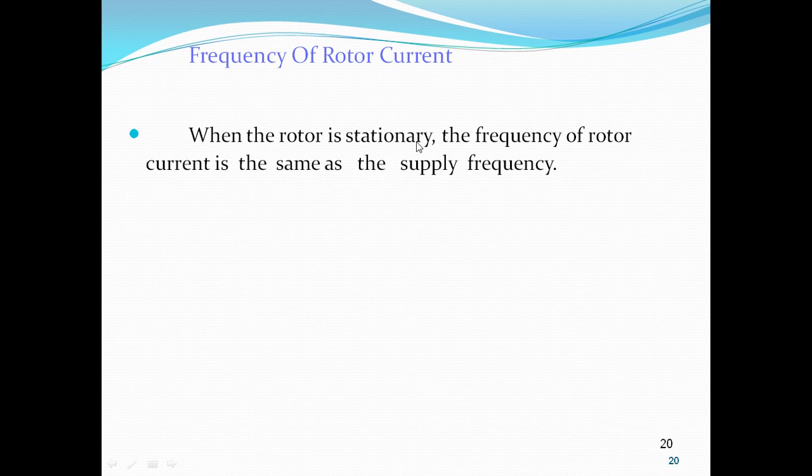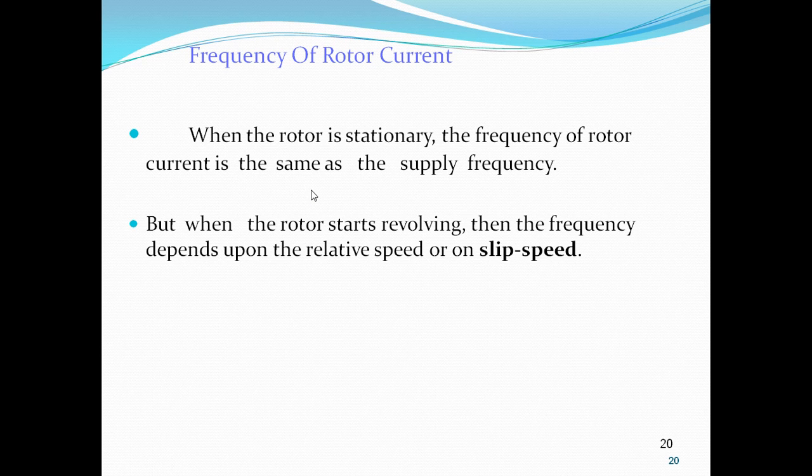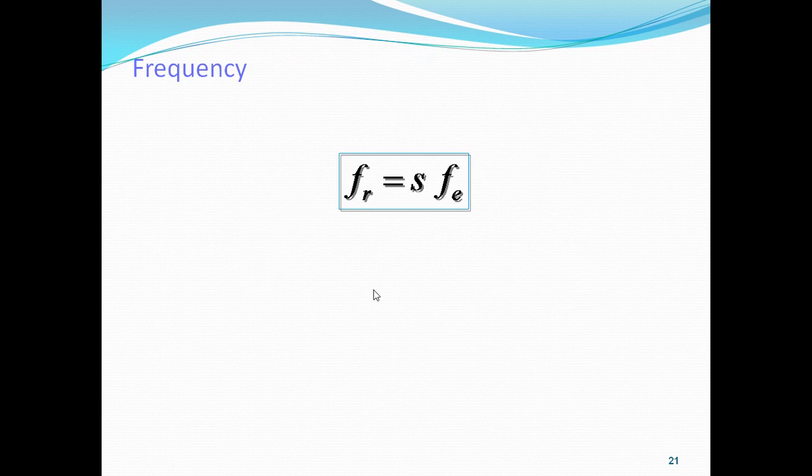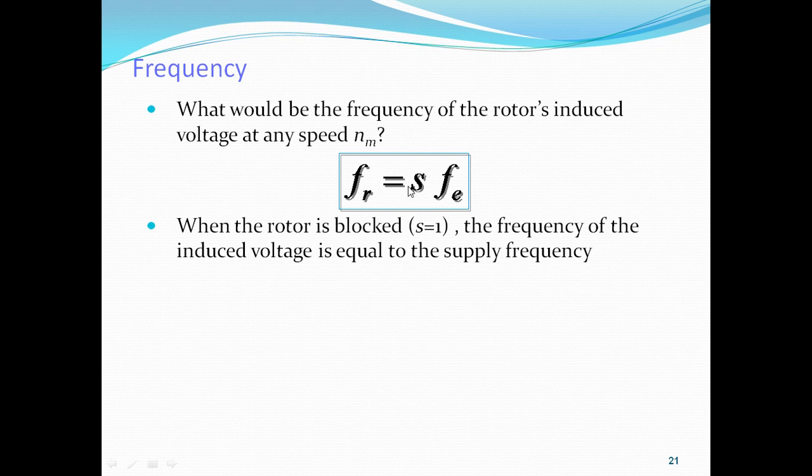But when the rotor starts revolving, then the frequency depends on the relative speed or slip speed. So that is Fr is equal to S into Fe. Fe is the supply frequency, Fr is the rotor frequency, and S is the slip.